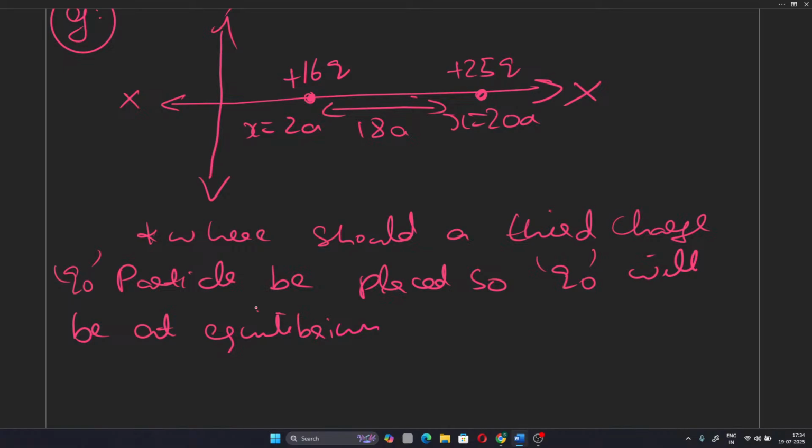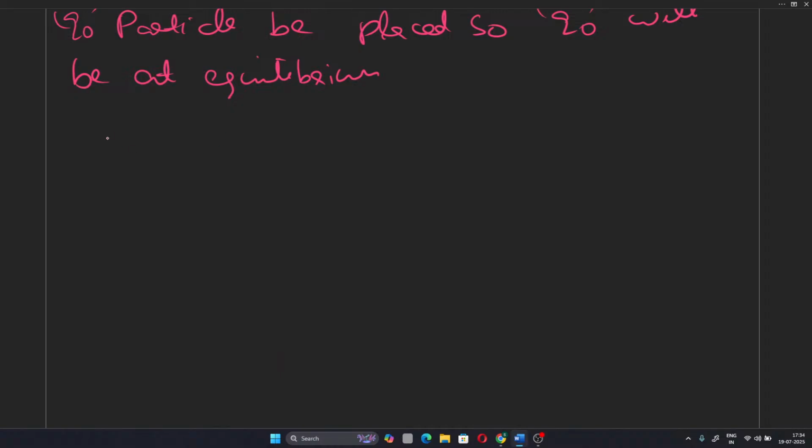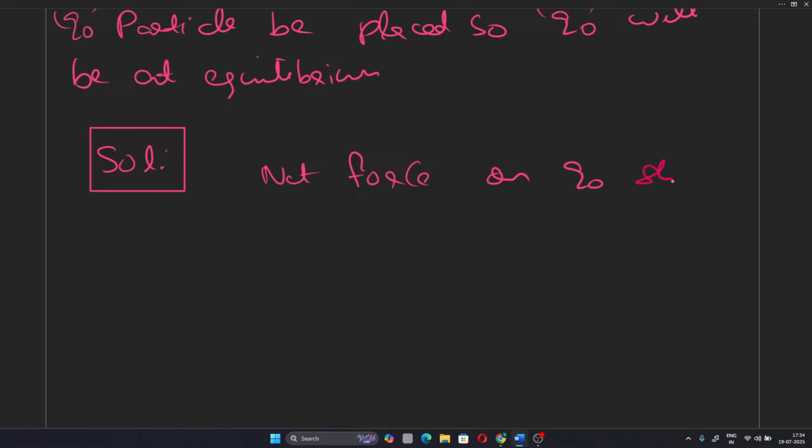This is what they're asking: where in between them we should place it so that the q naught charge will be at equilibrium. So the clue here is that net force on q naught should be 0 if in equilibrium.